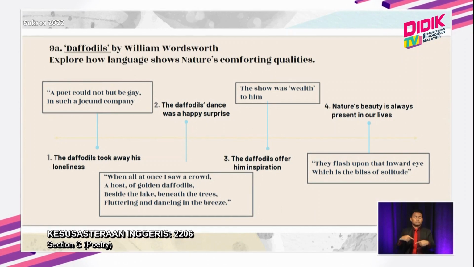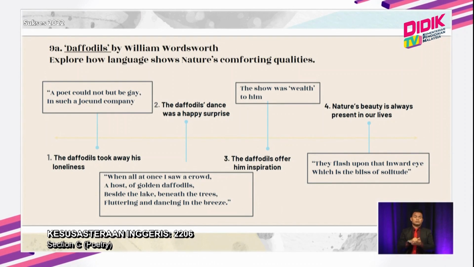Number 3, the daffodils for him offer inspiration. And number 4, nature's beauty is always present in our lives. As I am reading through the poem, I would immediately identify where is the comfort. Where is the comfort from nature found?